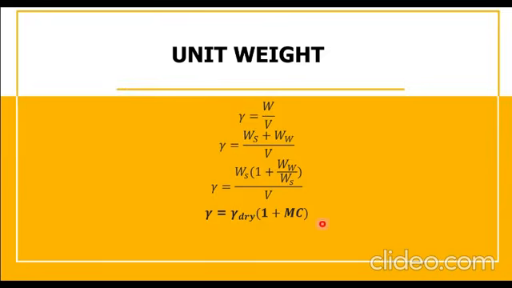So this is the first formula for unit weight. It's equal to dry unit weight multiplied by 1 plus the moisture content of soil.